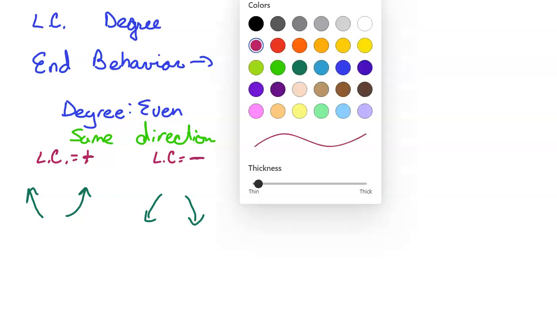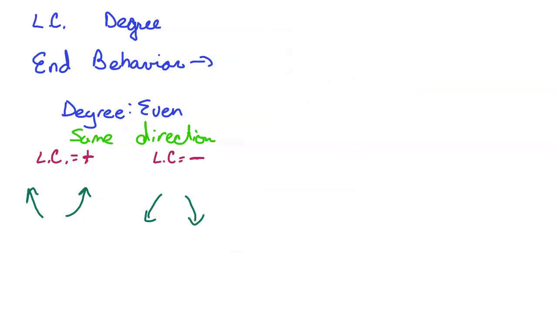Now, some of the time you will also see this written as x approaches negative infinity, f of x approaches positive infinity. That means as x is going off to the left, your y value is going up.